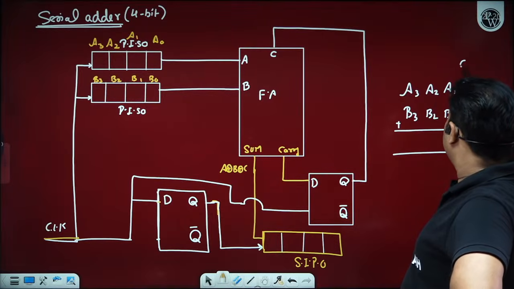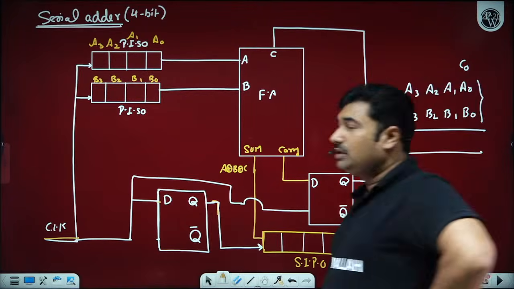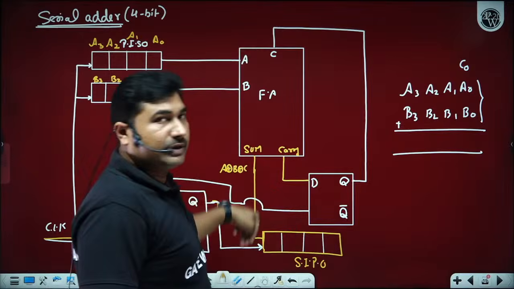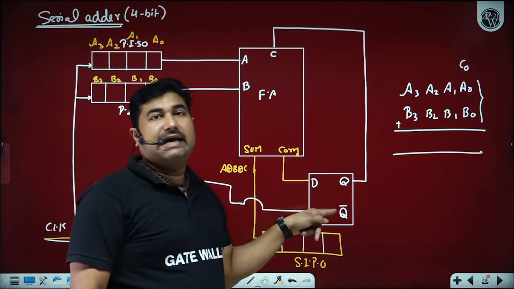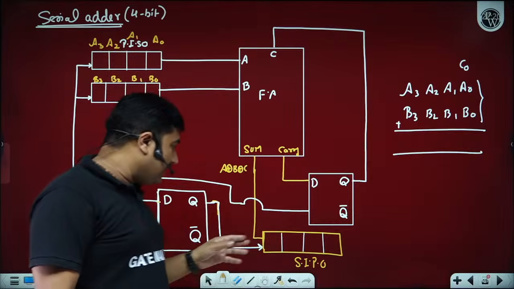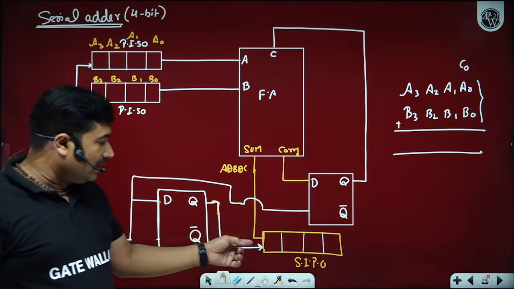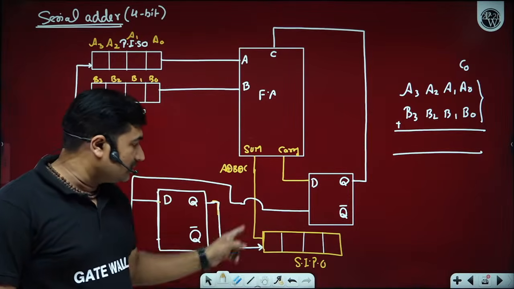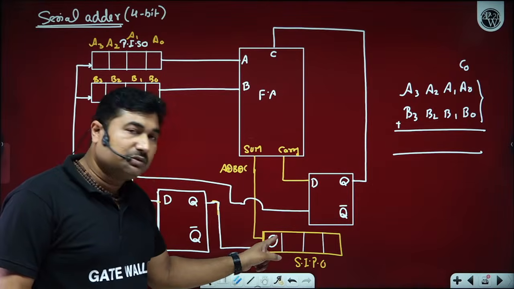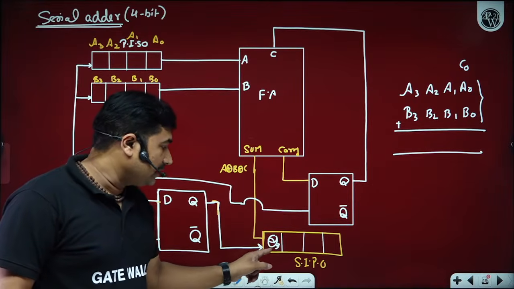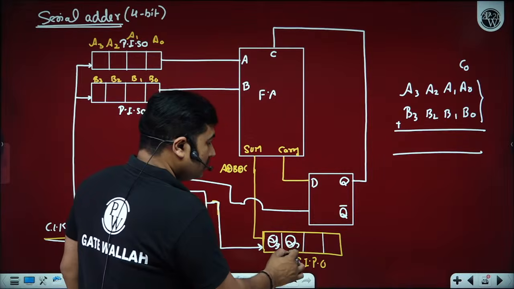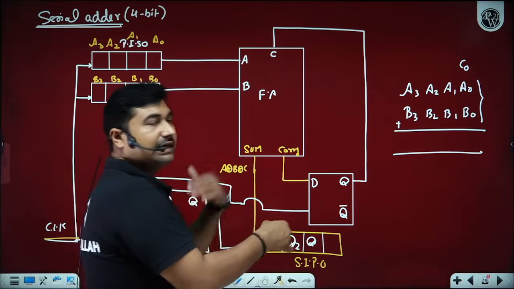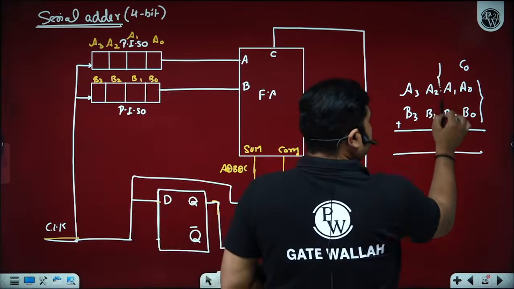So we have A0, B0, C0 and a full adder operation is performed, which will give the sum bit and carry bit. That sum bit, after a delay, a clock appears here to store that sum bit onto Q3. Then it goes to Q2 and Q3 will have the second data, because of the addition of these three.